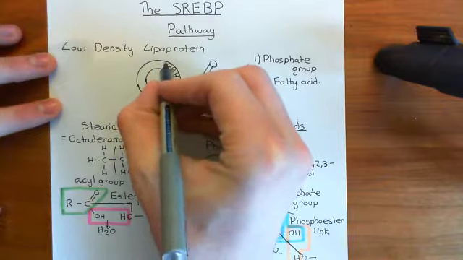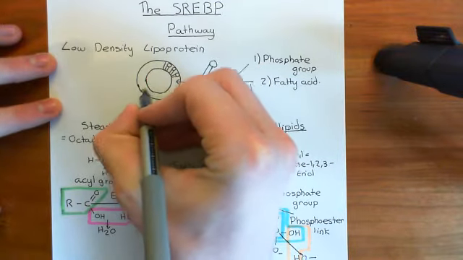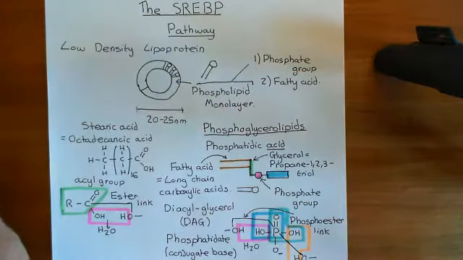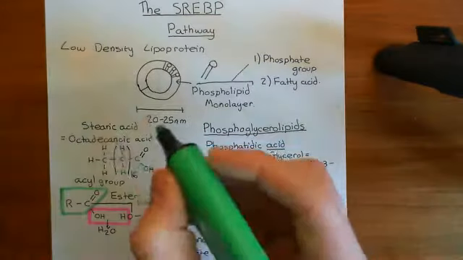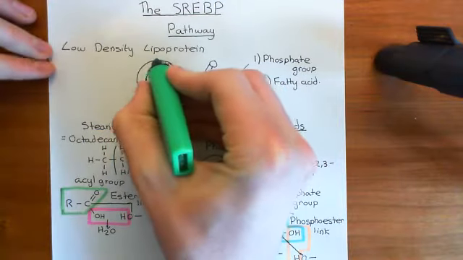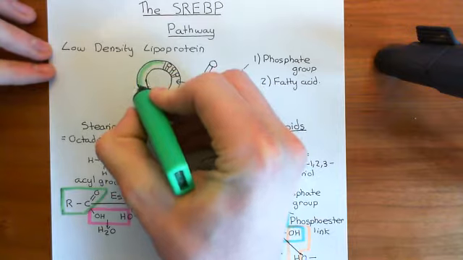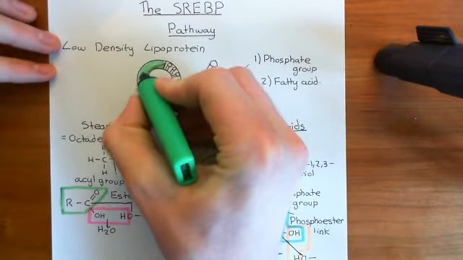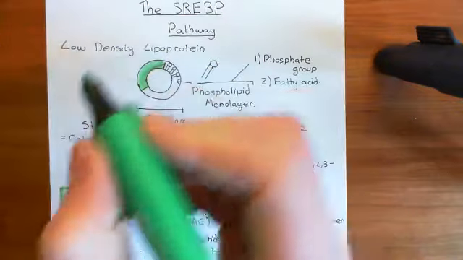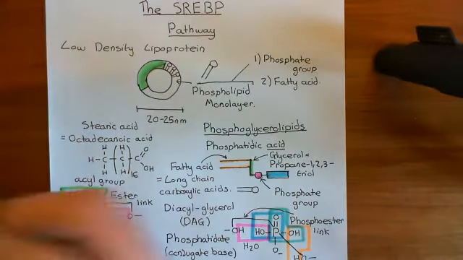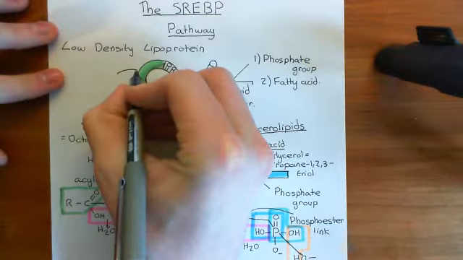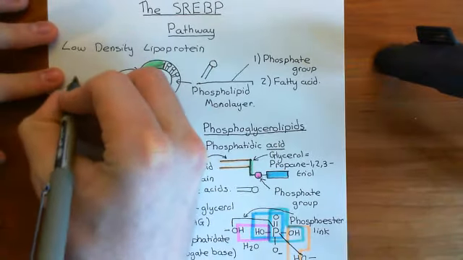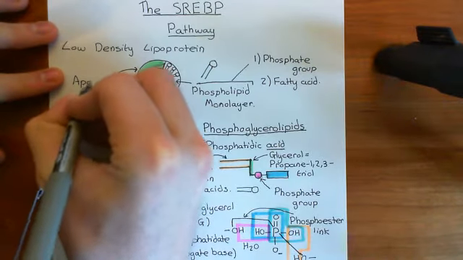Now, within the phospholipid monolayer, you have a massive great protein, and the reason that lipoproteins are called lipoproteins is because they have both a lipid component and also a protein component. So within the low-density lipoprotein structure, you have a massive great protein, and this is the apolipoprotein B100.